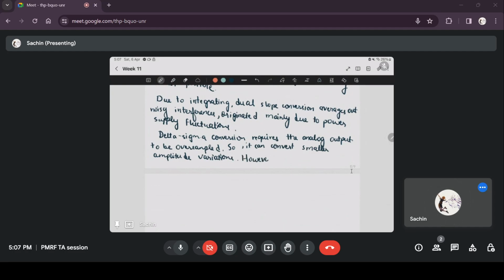However, due to more numbers of complex components, the processing time is more.